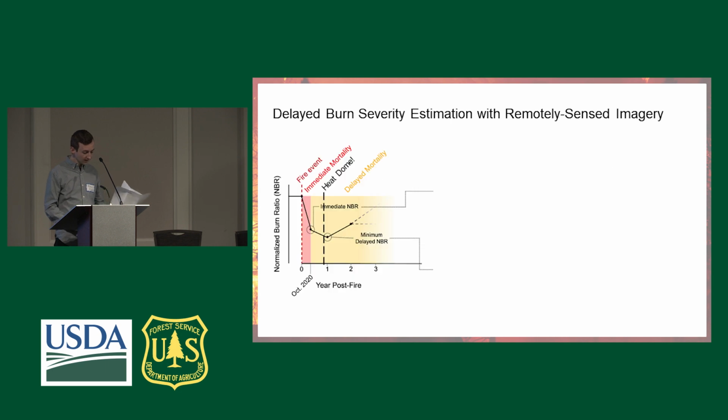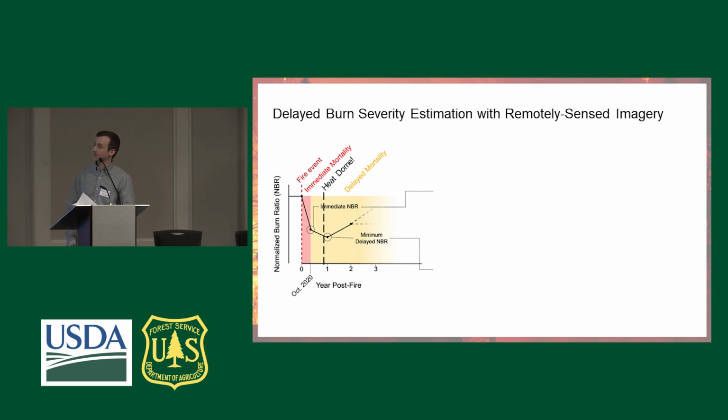So if I make a little graph that's more specifically about the Labor Day fires and how I'm calculating delayed mortality, I'm also looking for the minimum MBR after the immediate portion of the fire. And here I'm calculating the immediate portion of the fire at October 2020.